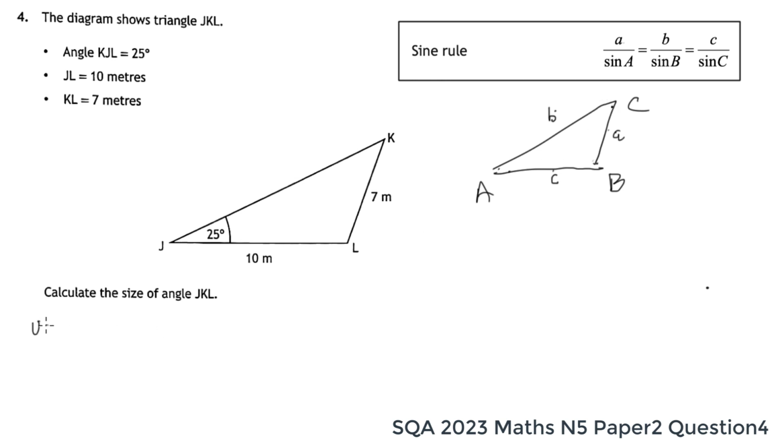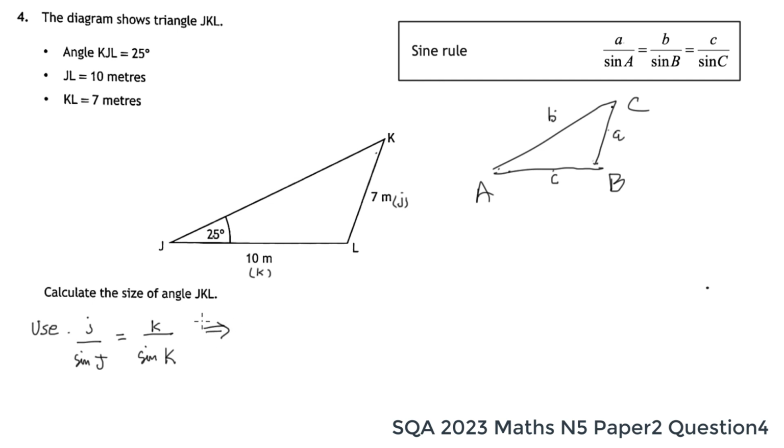So in this case, we would use a side, that's little j, divided by sine J, equals a side, that's little k, divided by the sine of the angle opposite, that's K. So that's what we're going to use.